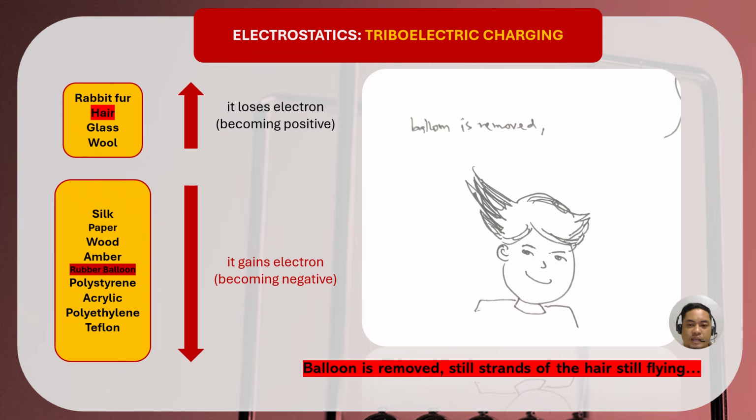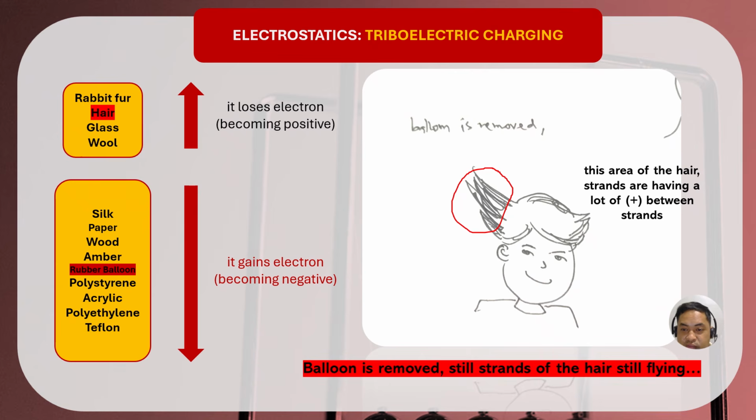And what about this time? You remove the balloon, and then the strands of your hair are still flying away. Why is that so? This area of your hair lost electrons, right? And then the strands there have the same charges, positive. So according to electrostatic law, like charges repel.